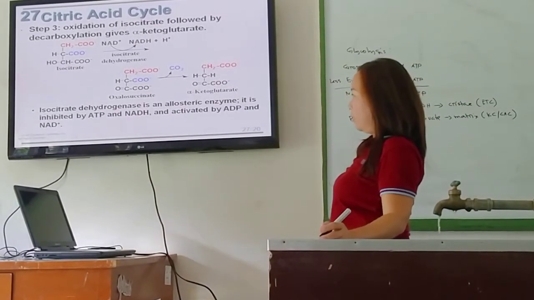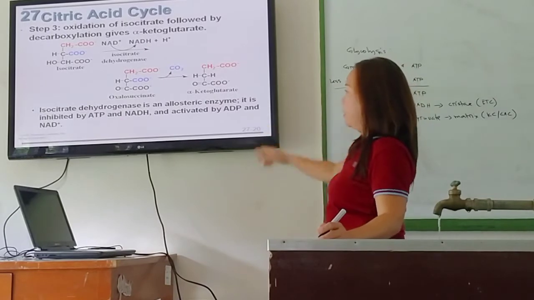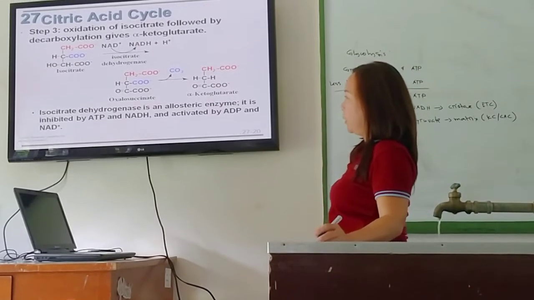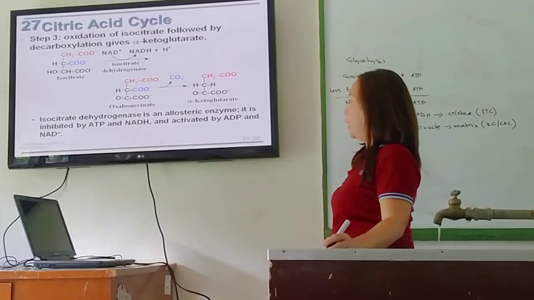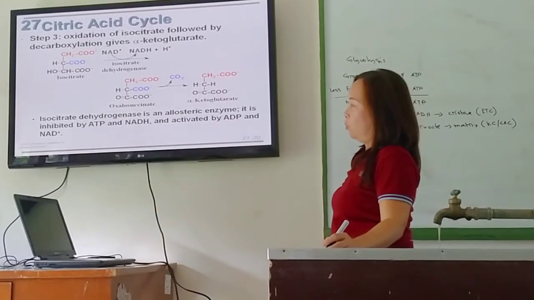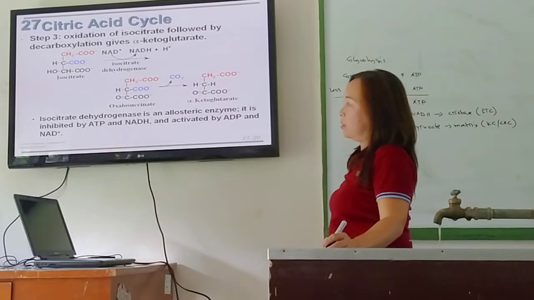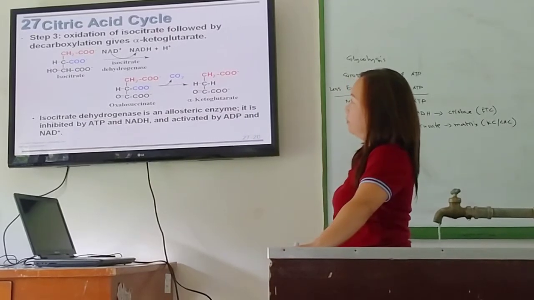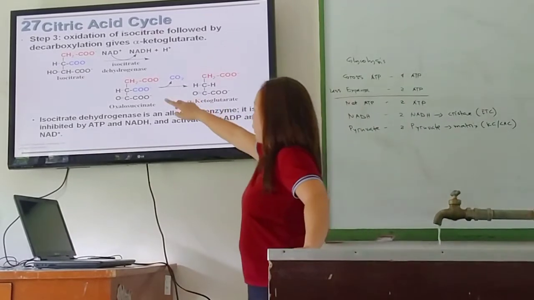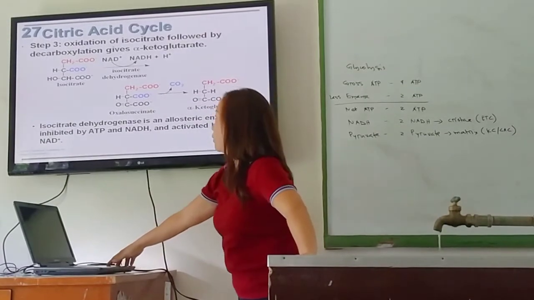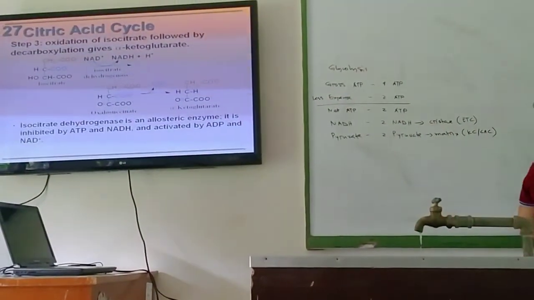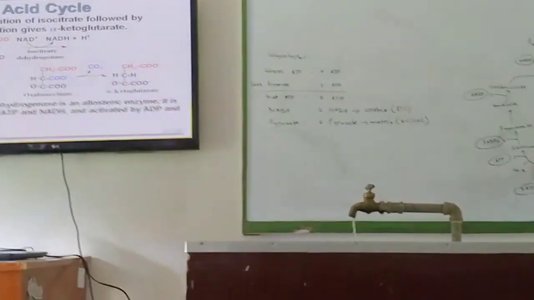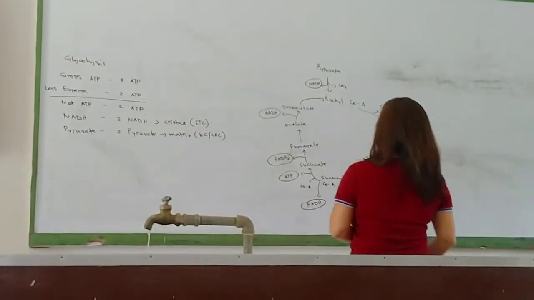Now, isocitrate dehydrogenase is an enzyme which is inhibited by ATP and NADH, and it's activated by ADP and NAD, which is the oxidized form. Okay, so isocitrate to alpha-ketoglutarate. Of course, there is carbon dioxide release here. There's another carbon dioxide.